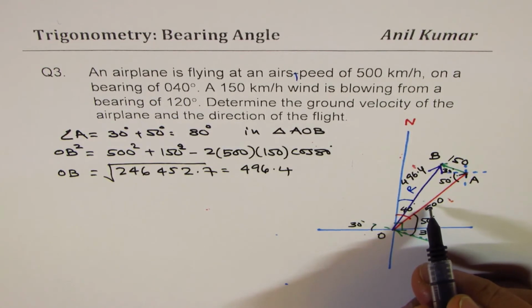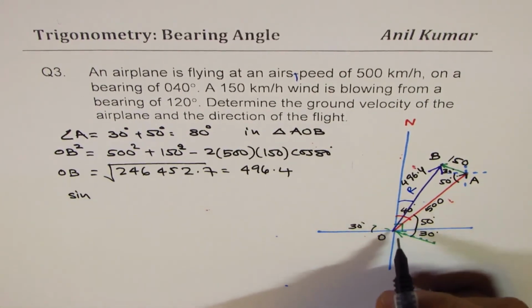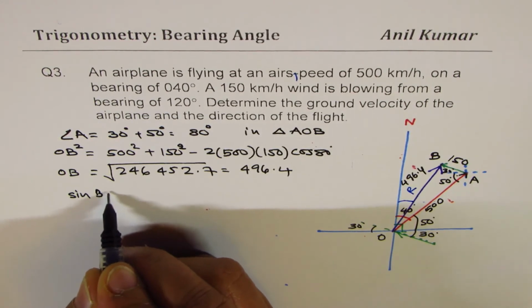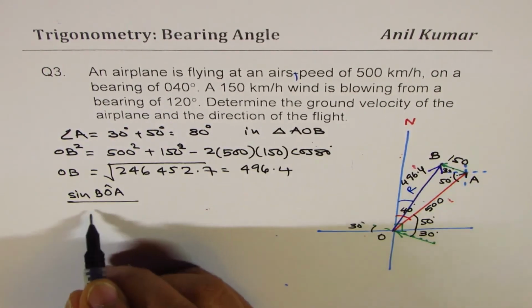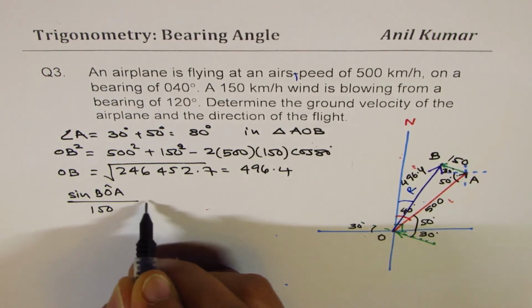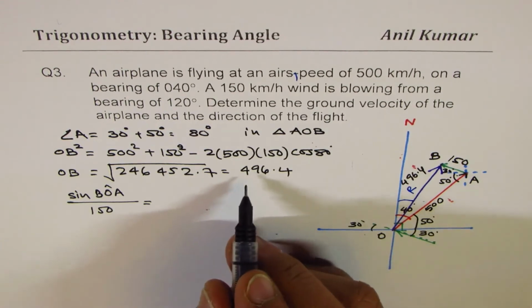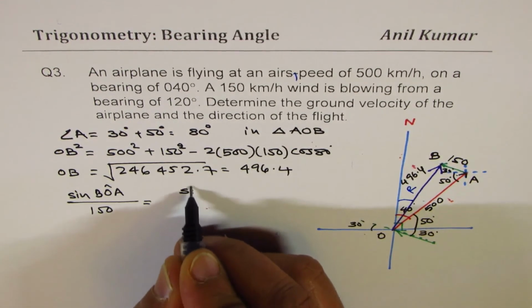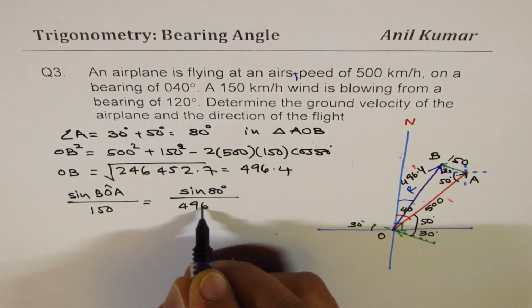To find the angle, we have to use sine law. So we can say sine of angle O, which is angle BOA, that's another way of writing this, divided by the side opposite, which is 150, is equal to sine of 80 degrees divided by OB, which we just calculated, 496.4.